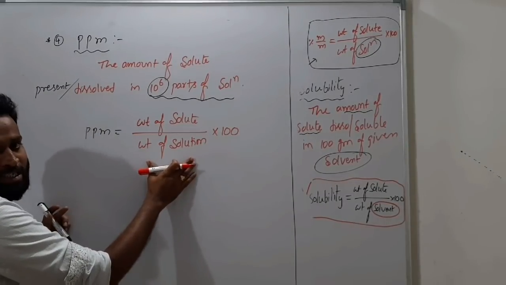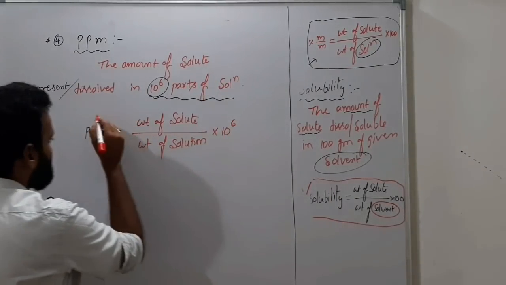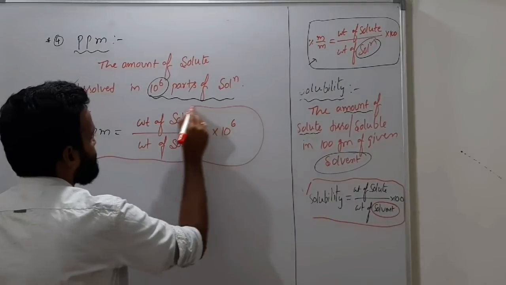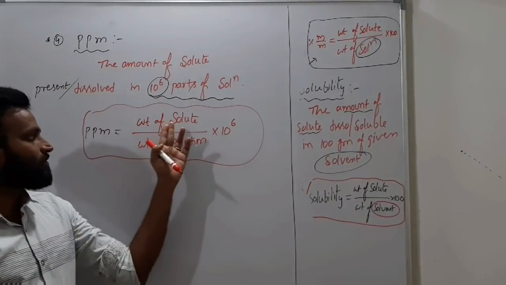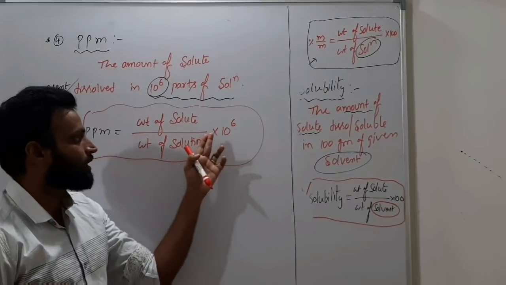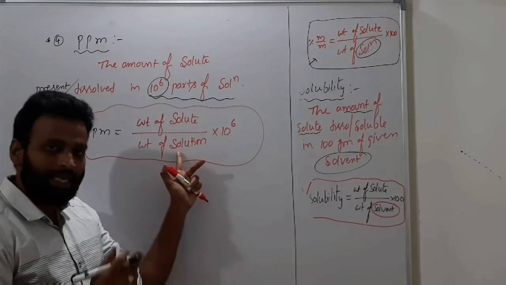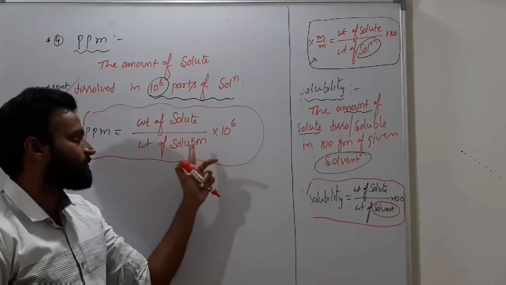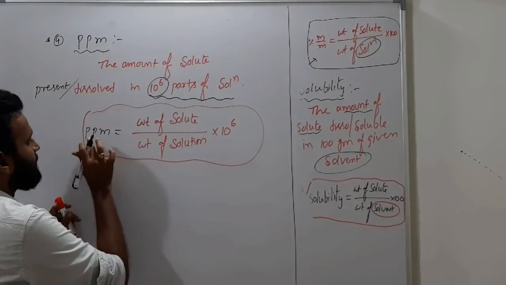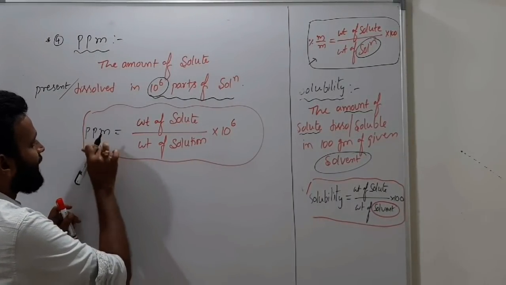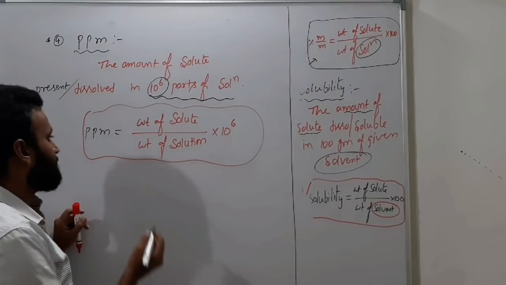Instead of 100, you have to write 10 power 6. This is called ppm, which is very important. So ppm is weight of solute by weight of solution into 10 power 6. Weight of solution again means weight of solute plus weight of solvent. ppm means parts per million.